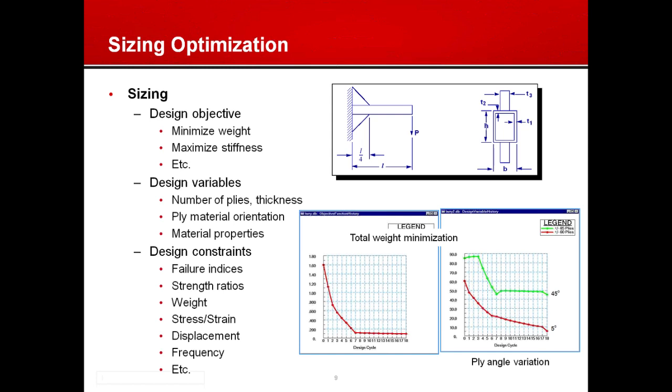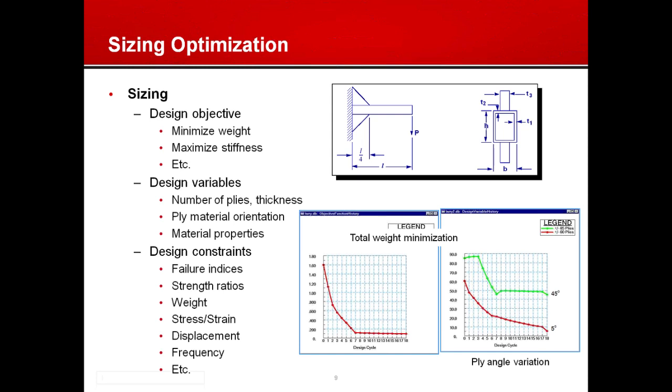Then we define the design variables. It could be ply thicknesses, material properties, ply orientation, also, in some cases, the location or orientation of your cross-section could be used as a design variable.